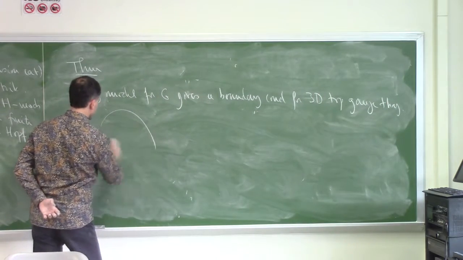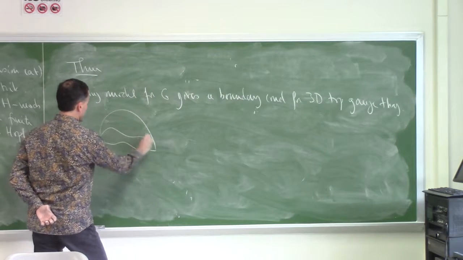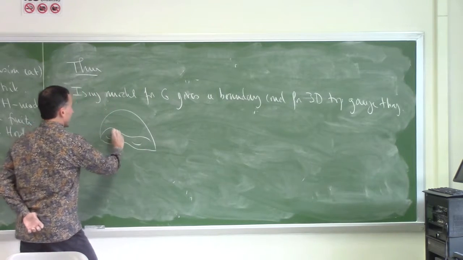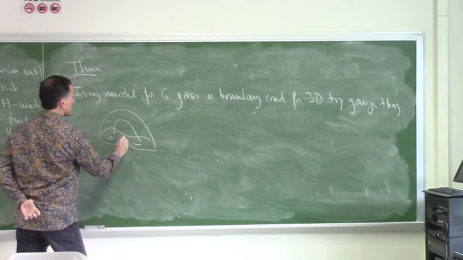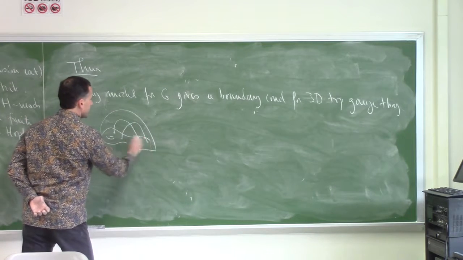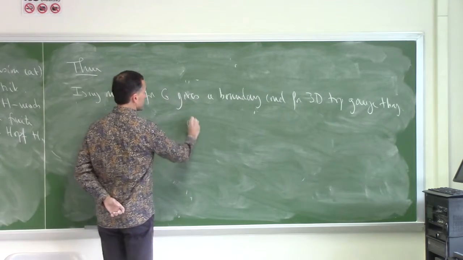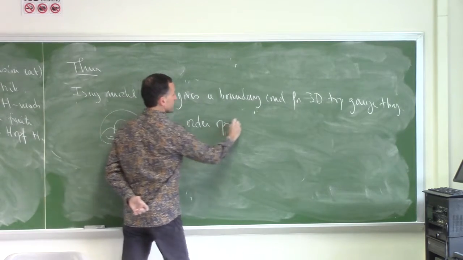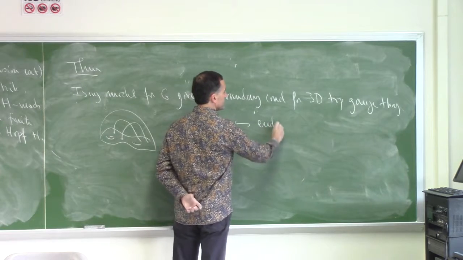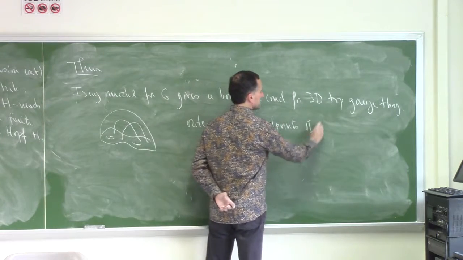and what I used to call the order operators in the Ising model are endpoints of Wilson lines which end on the boundary surface.